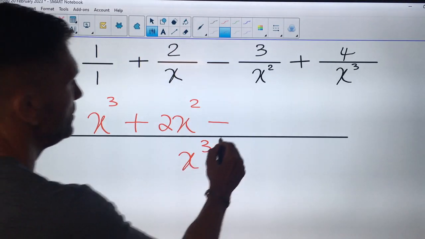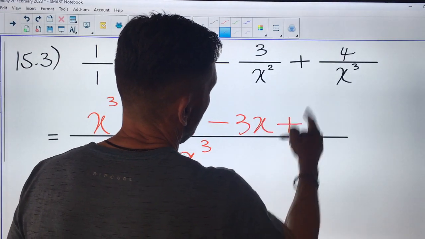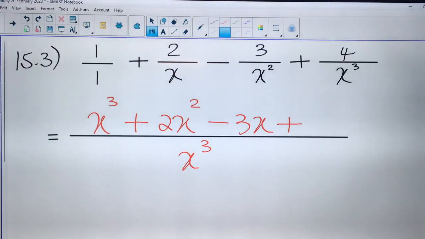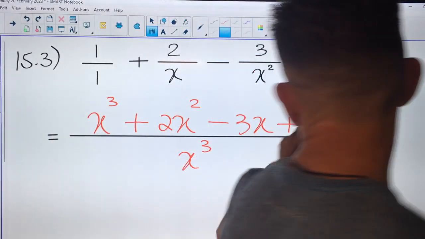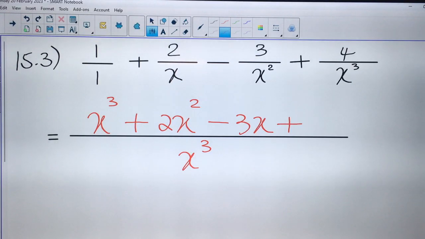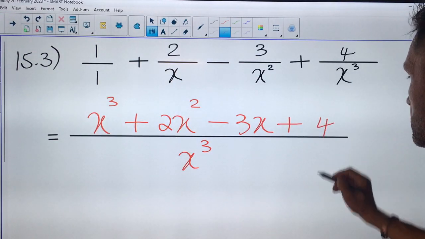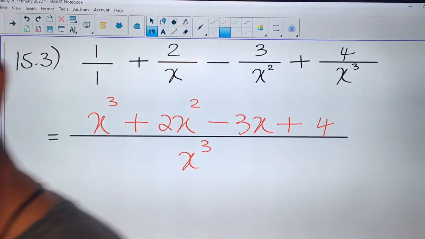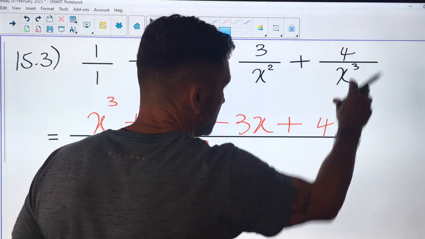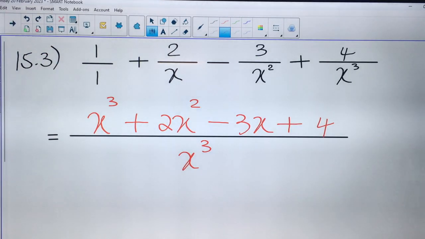Only one x, so this will be 3x. And the last one? No, it was x cubed. It's still x cubed. Not just x, just 4. There's already enough. I didn't change anything yet. This one stayed the same now. And that's our final answer. There's nothing we can do with that. That's where it's going to stay.